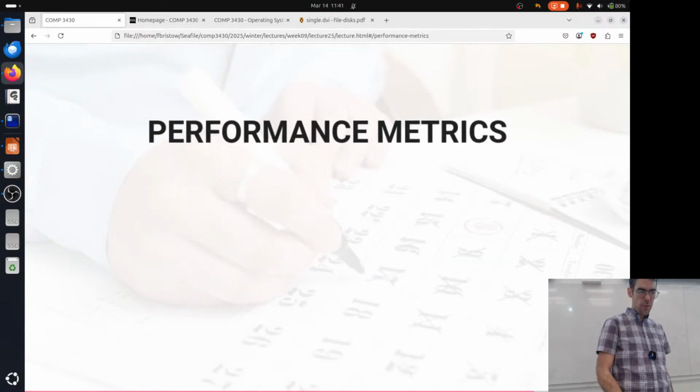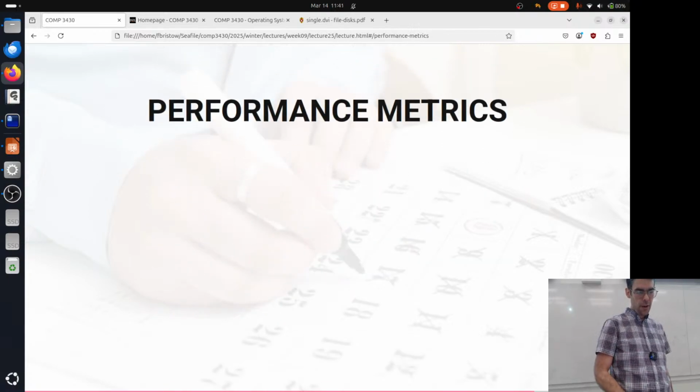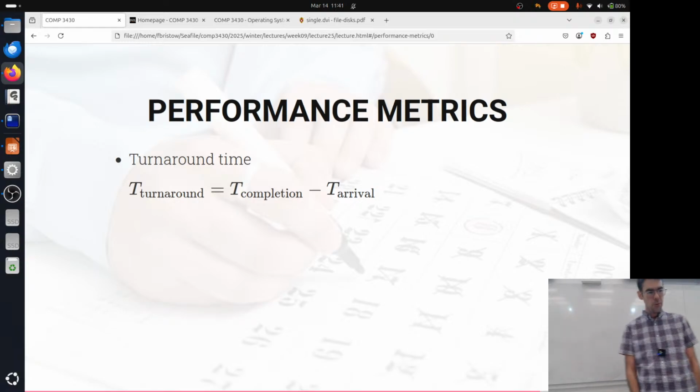In terms of measuring their performance, I want to measure a few different things. The first one is turnaround time, which is pretty much based on when this task arrived, how long did it take on the wall for it to be done what it was supposed to do. So turnaround time is related less to when it starts getting access to the CPU, but when it actually shows up in the system.